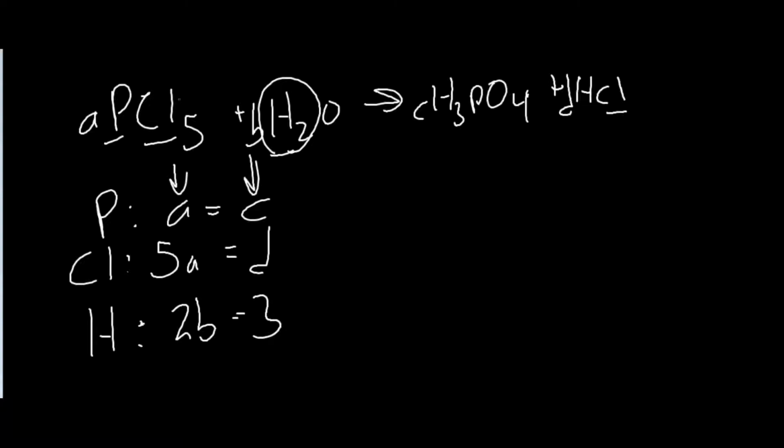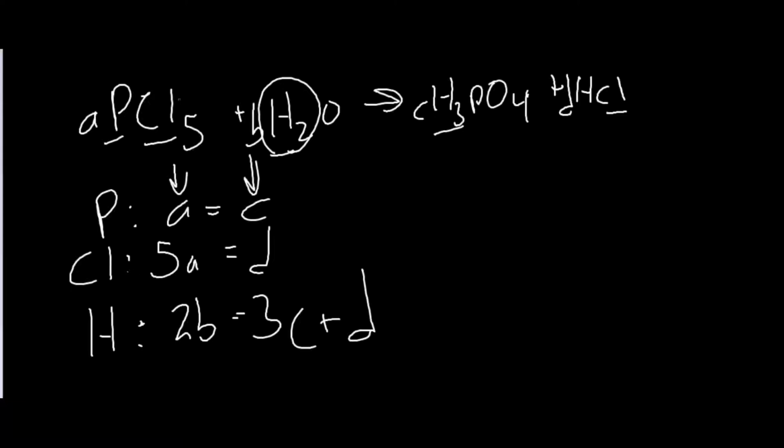Equals 3C, because there are 3 hydrogens on C, and 1 hydrogen on HCl, so D. Now this looks really crazy, I know, but next thing you're going to do is solve the system of equations to get the numeric value for all of the coefficients.